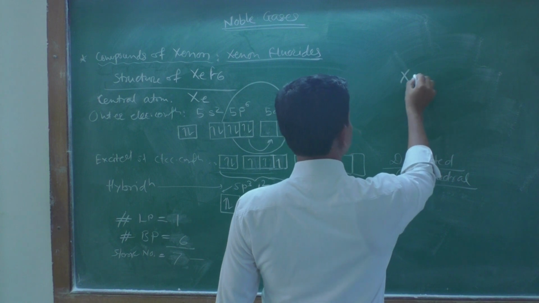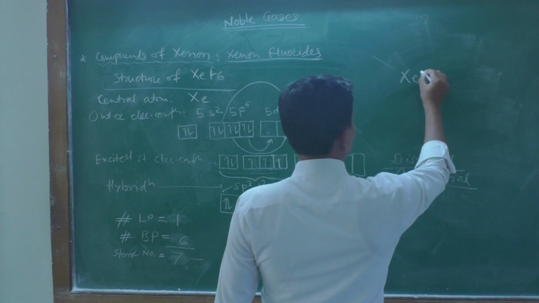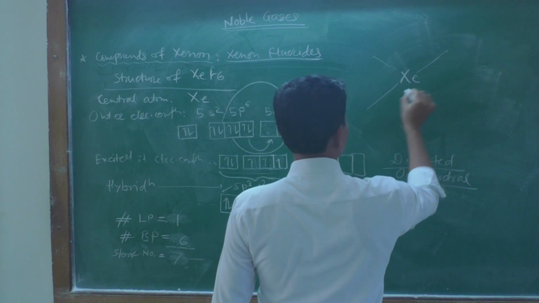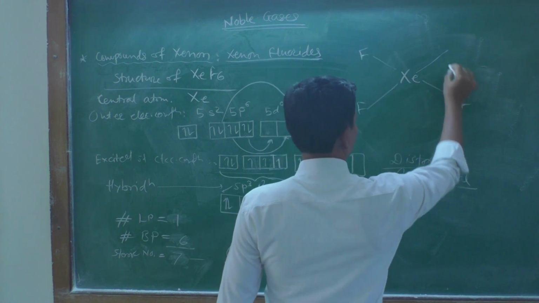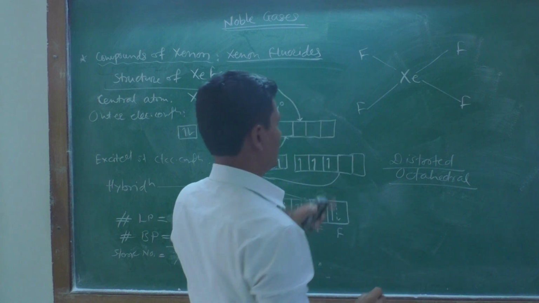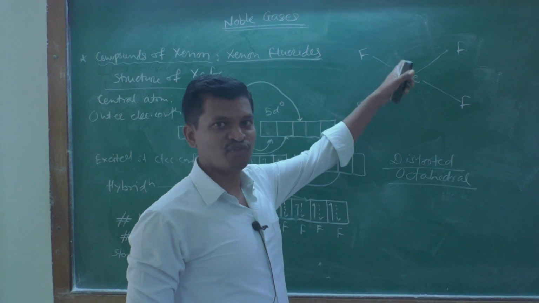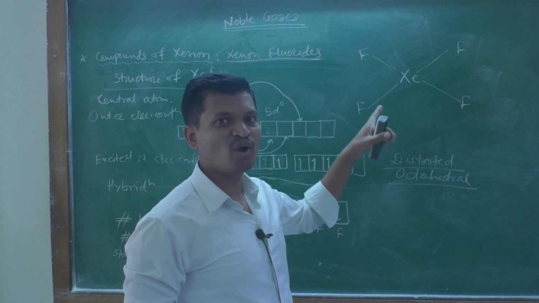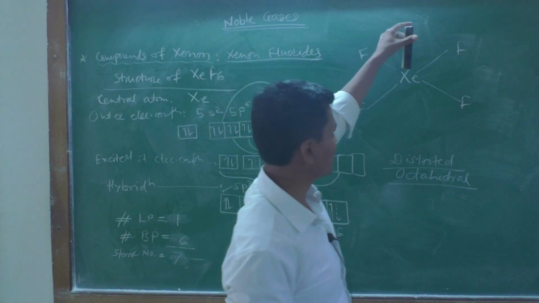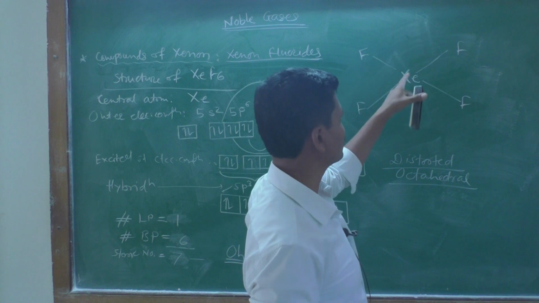So this is the central xenon atom, with 4 fluorine atoms. But the 5th and 6th fluorine atoms are not exactly at 90 degrees to this plane.